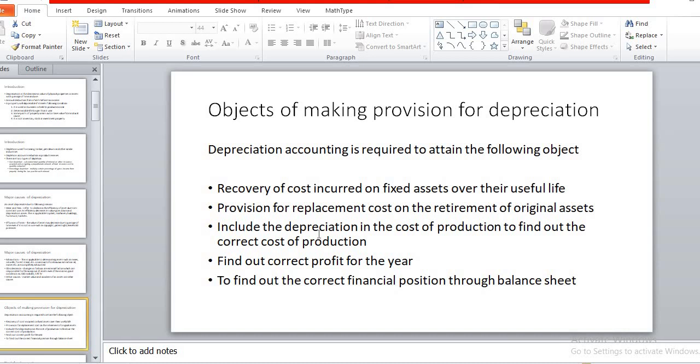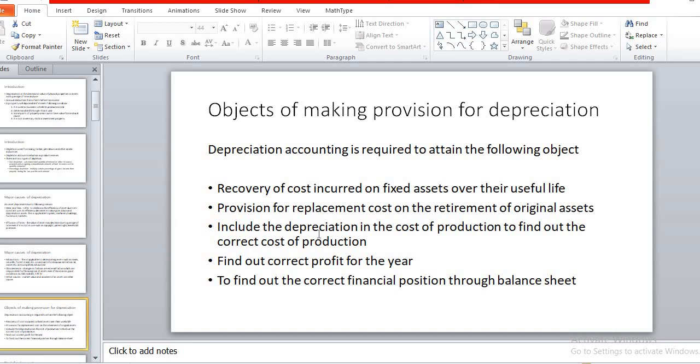Again, depreciation is used to find out the actual cost of production. Suppose we produced 1000 products. During the production of the 1000 products, some amount applies to that particular process, and that we can consider in the depreciation.